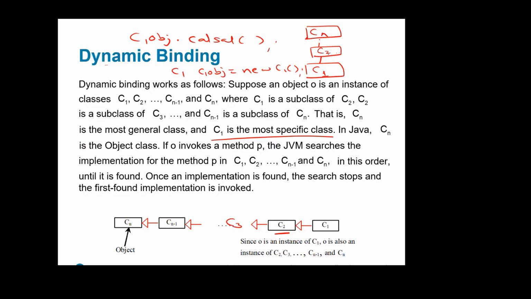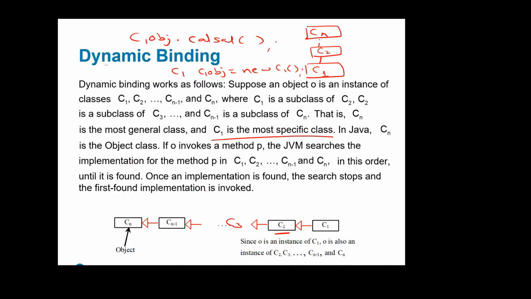If it is not there, it is going to look in its parent class. Is it there? Then execute. So the closest method will get executed. And if it is not there, it will look at the parent of that class, and then the parent of that class. Dynamically it is going to bind. So beforehand, it doesn't know which method is going to get executed.